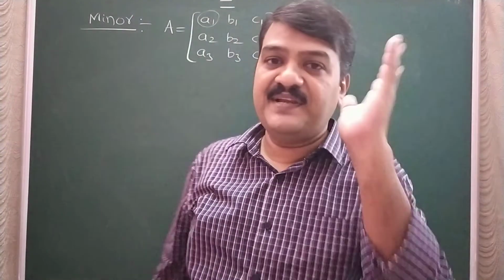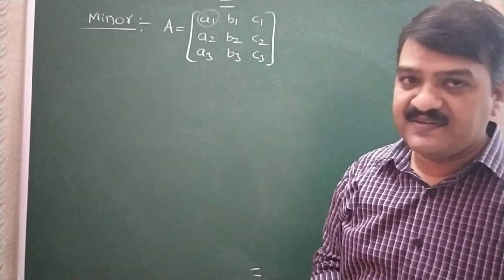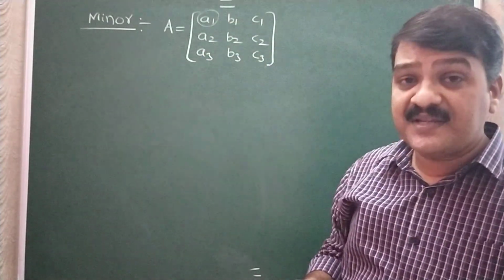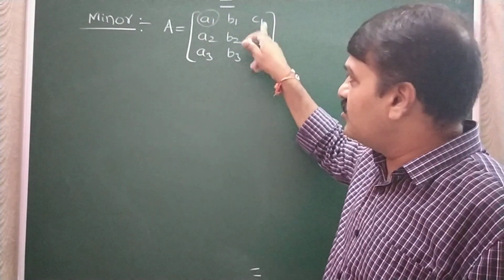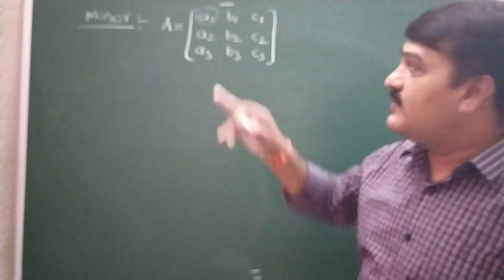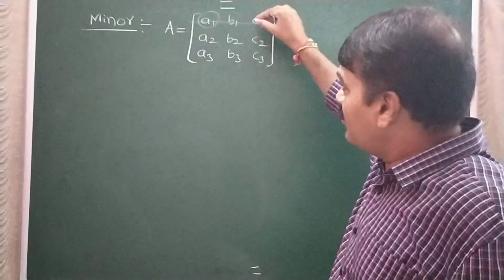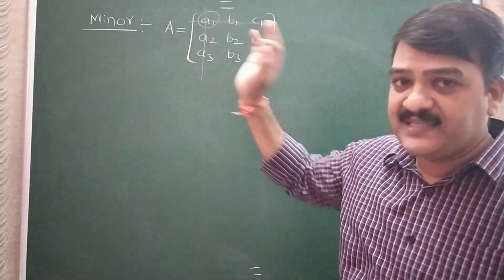The minor of an element is basically, for example, if the minor of a1 is required, the minor of a1 is the square matrix which remains after deleting the row and the column in which the element is present. So a1 is present in which row, which column, you have to delete that.